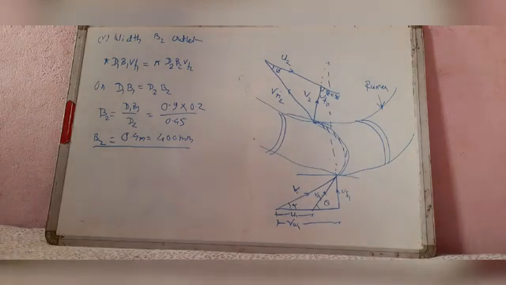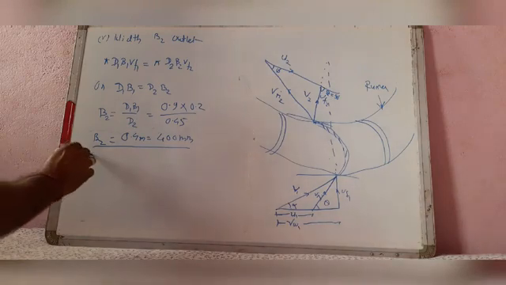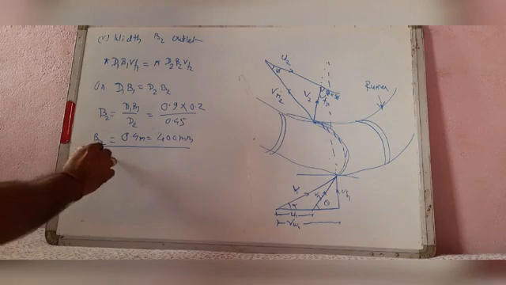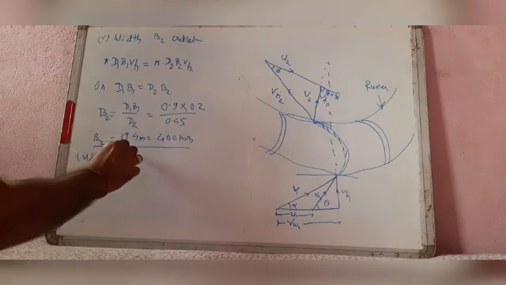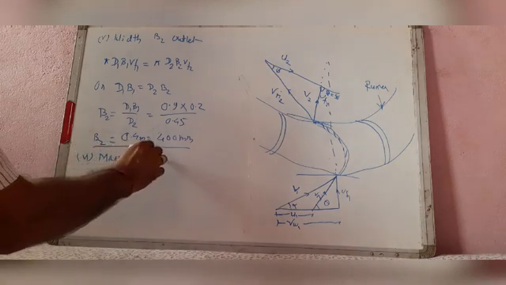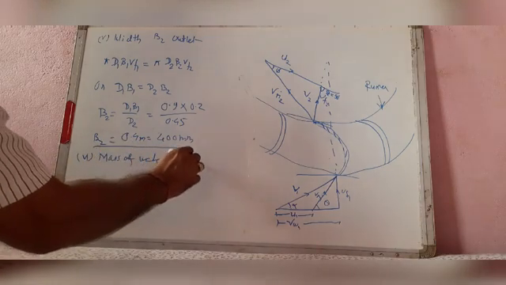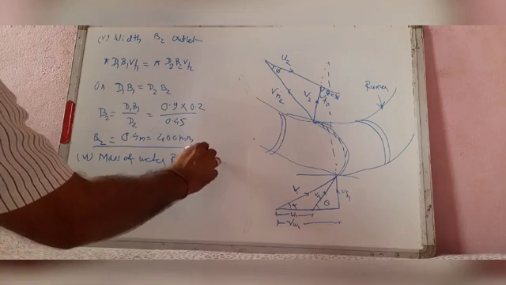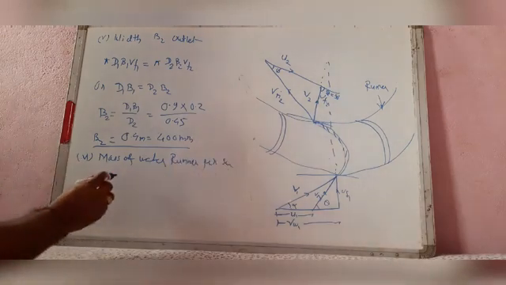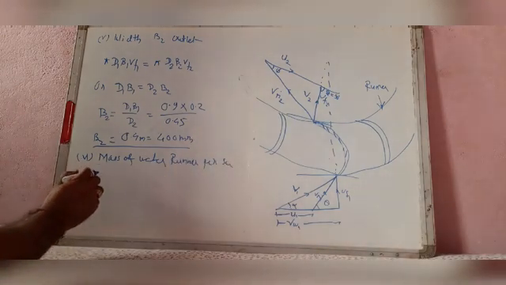Then next, the mass of water flowing through the runner per second. It comes from the discharge.